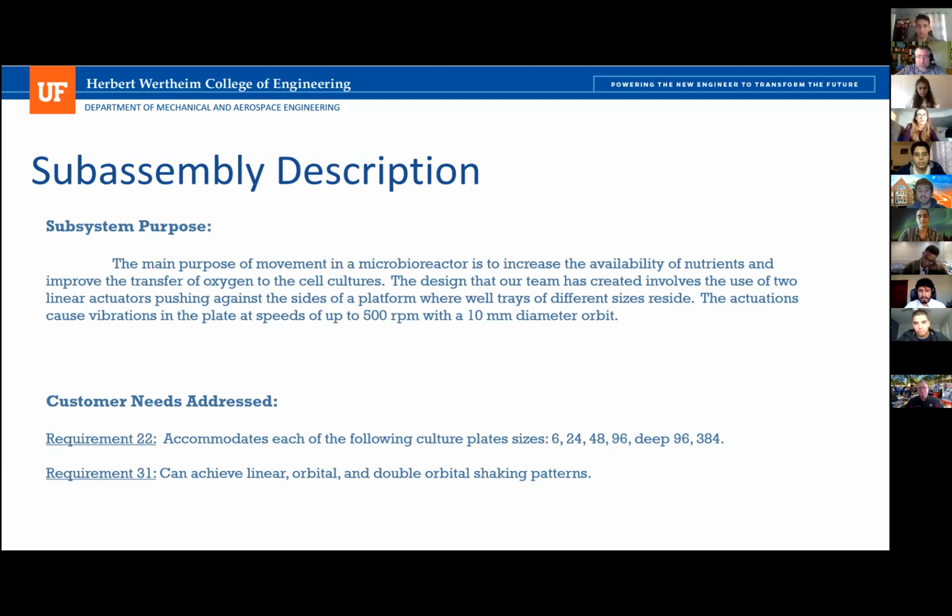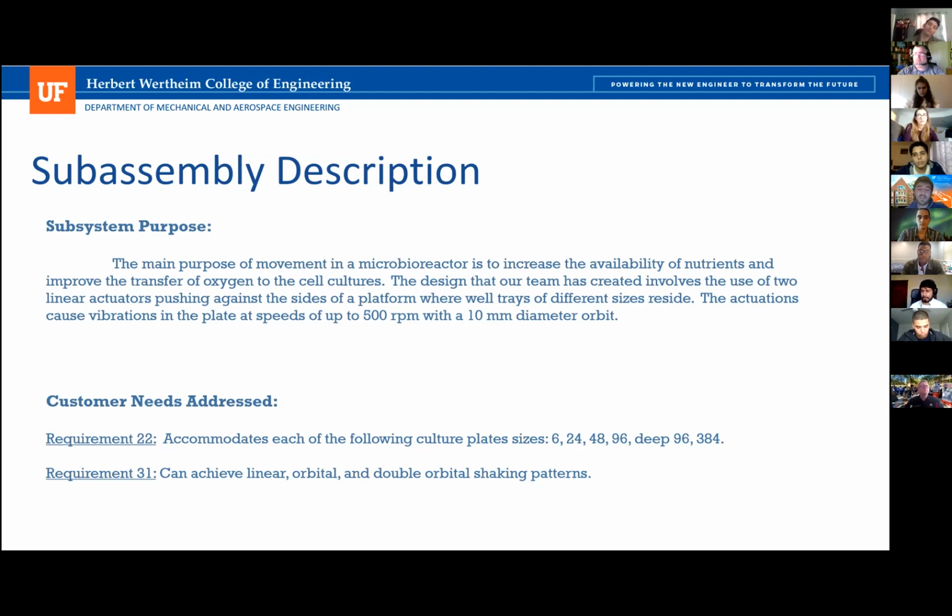The two needs addressed in this subsystem are that it accommodates each of the following culture plate sizes: 6, 24, 48, 96, deep 96, and 384. Inside of the platform, there's a mold that is able to accommodate each of these culture plate sizes.